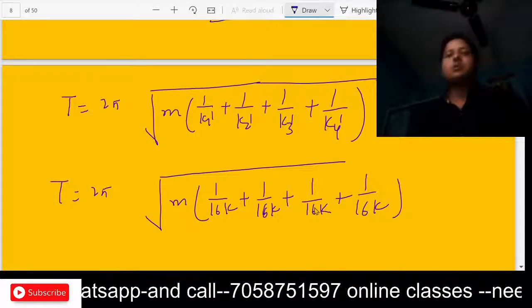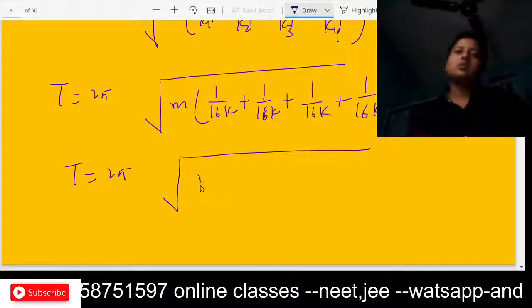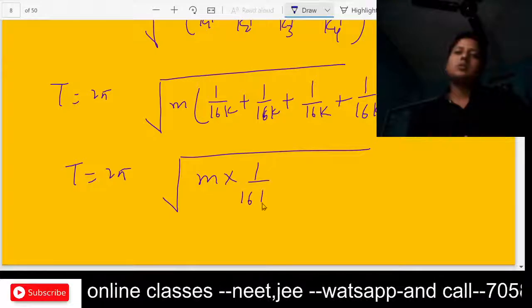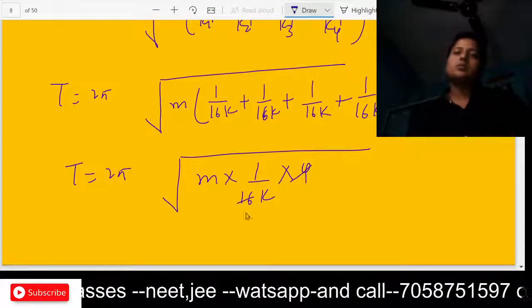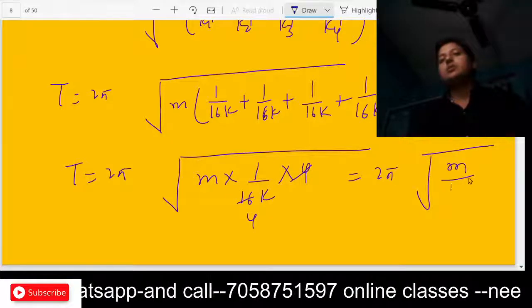That comes out to be time period equals 2 pi under root m into 1 by 16K multiplied by 4. So 4 over 16 gives time period 2 pi under root m over 4K.